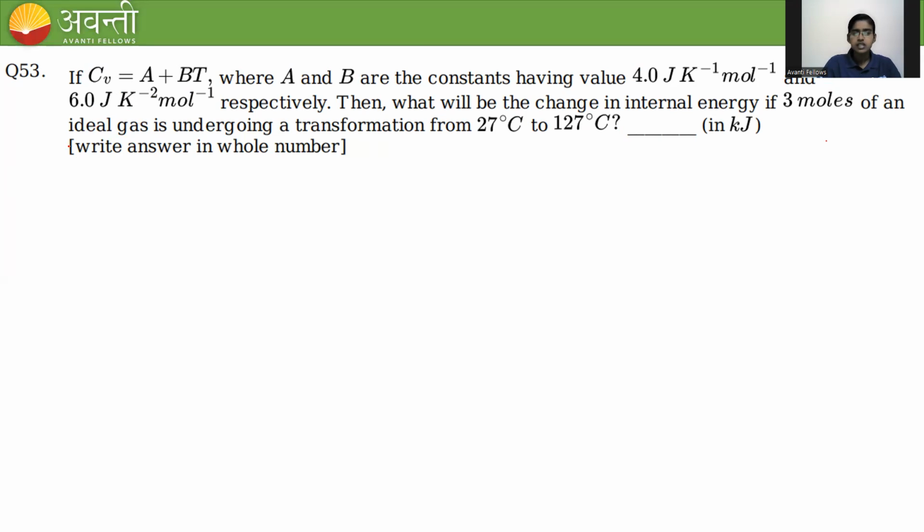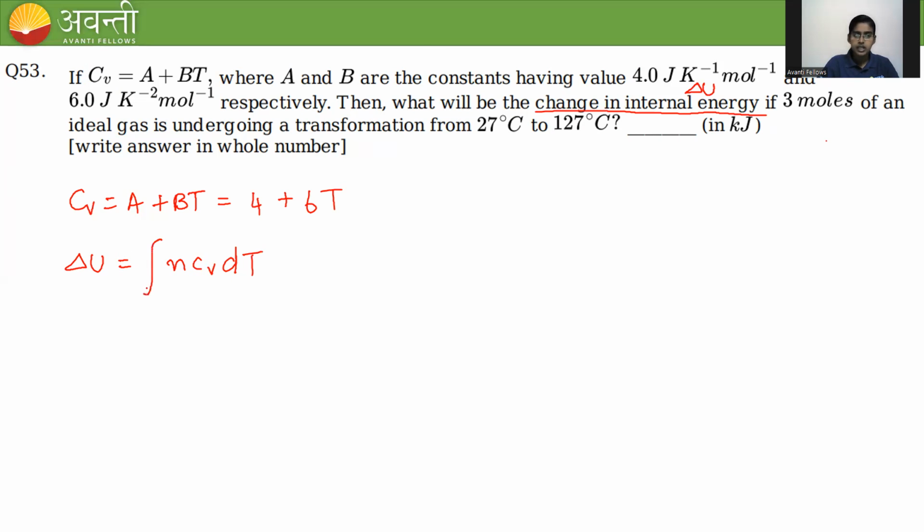It is given that Cv is equal to A plus BT, and the value of A is 4 and the value of B is 6. Now we have to find out the change in internal energy, that is delta U. We know that delta U is equal to n Cv dT.